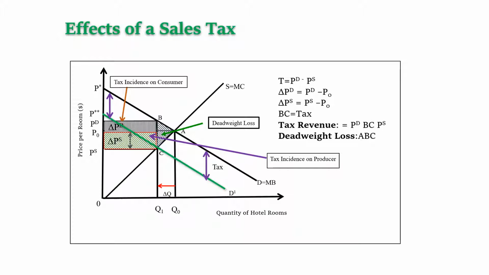And this trapezoid, PD, P naught, A, and B, represents the loss in consumer surplus. Now, the loss to the society as a whole becomes PD, B, A, C, and then PS. That is the loss to the society as a whole. But what happens here?